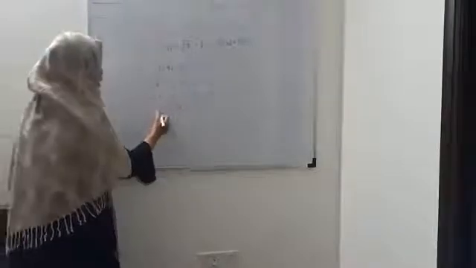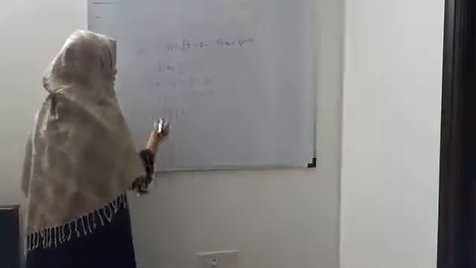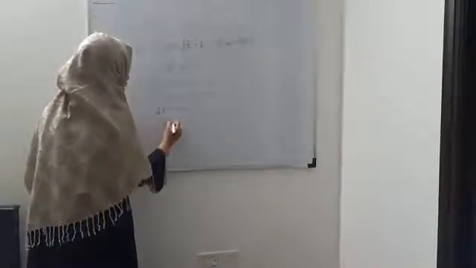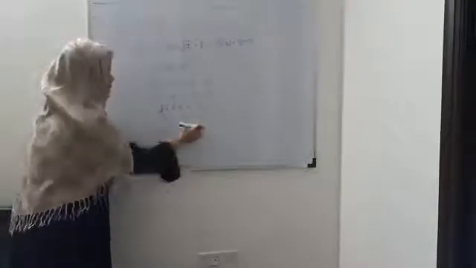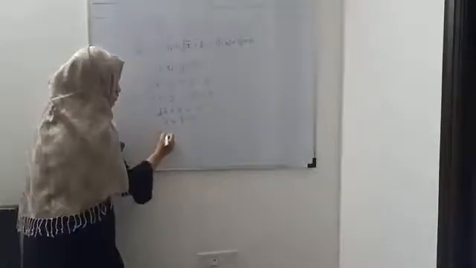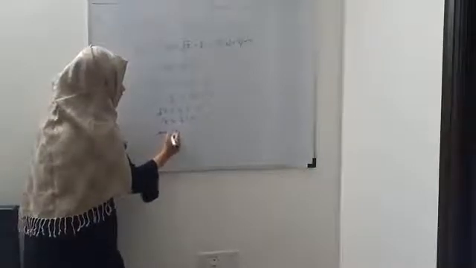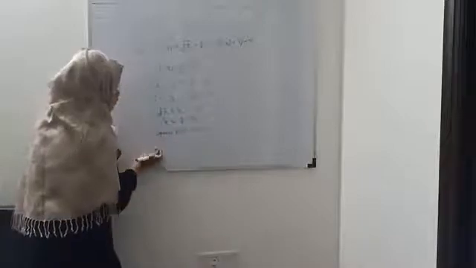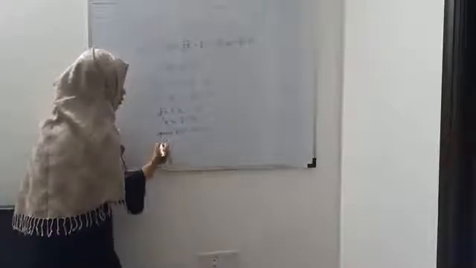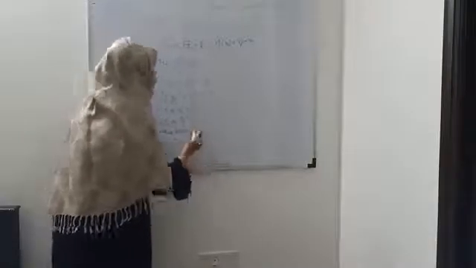So what we'll do, to eliminate this square root, we will take this root x over here and 8 minus x over here, and we will square both sides. What you will get here is root x square, which is equal to 8 minus x whole square.